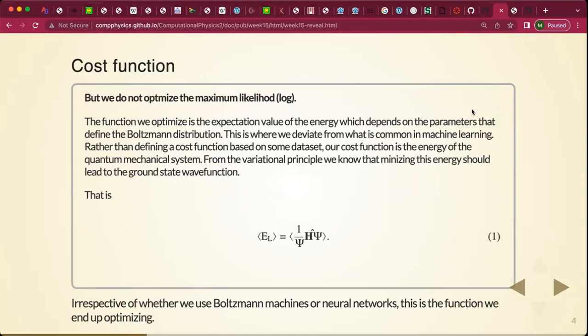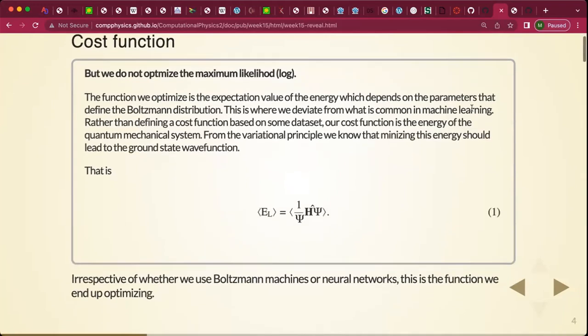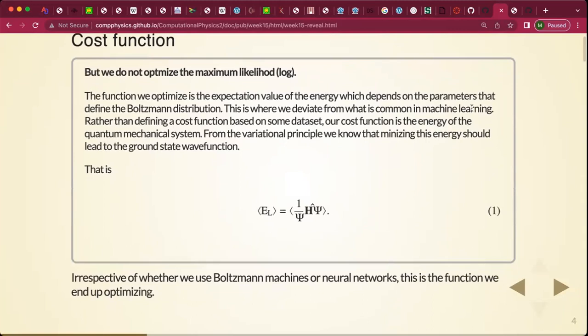The thing which we will do, irrespective of whether we implement a Boltzmann machine or a neural network, is that we need to take the derivative of this function here. And I wrote the expectation value, the local energy, in this more sloppy physicist way of writing an expectation value.